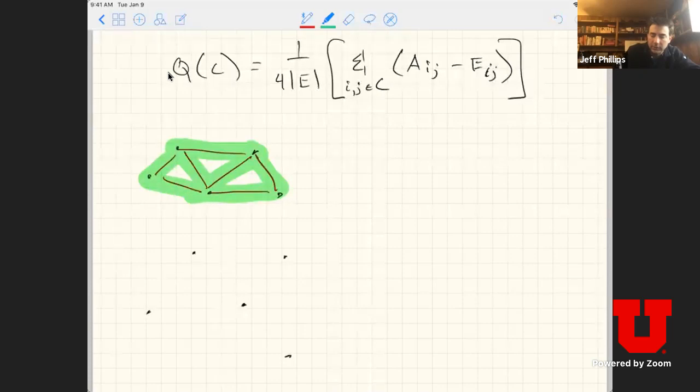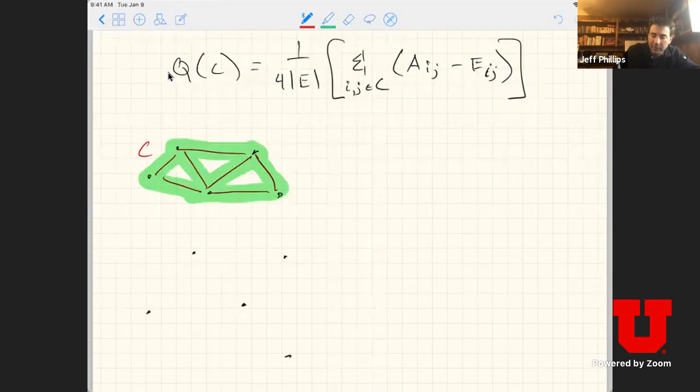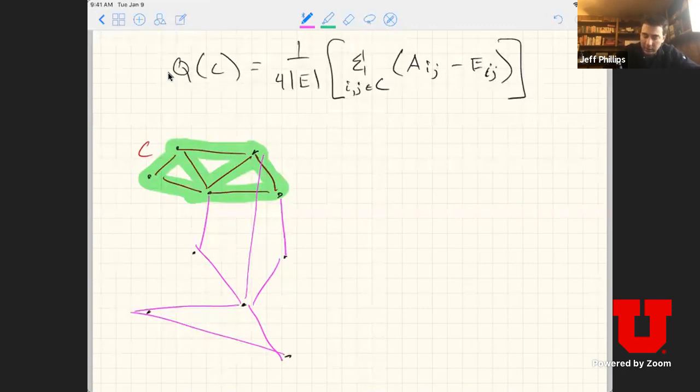This is my guess of C, but there are other edges going on in this graph, and maybe I have one guy down here who's very highly connected. So this person's degree is actually pretty high.